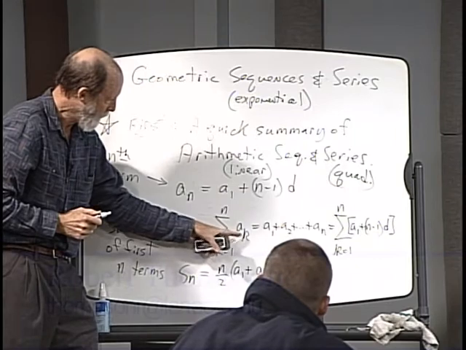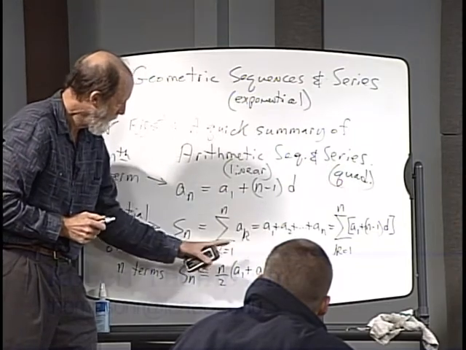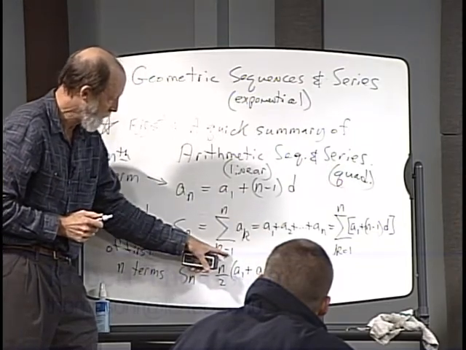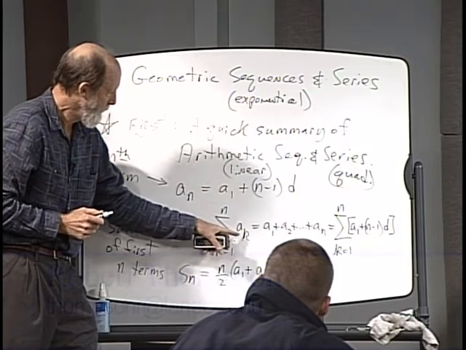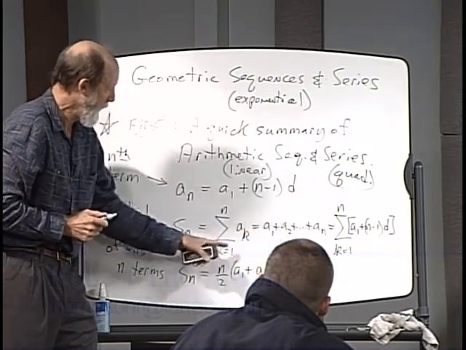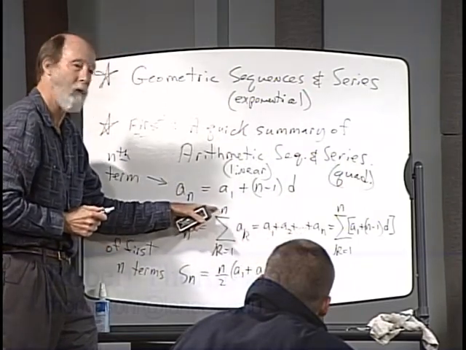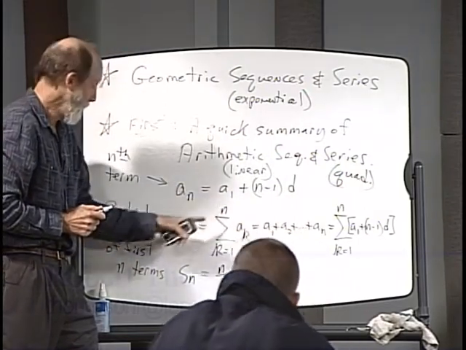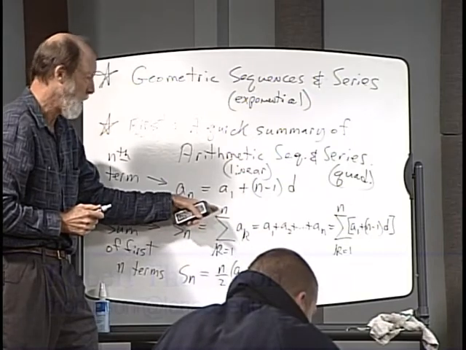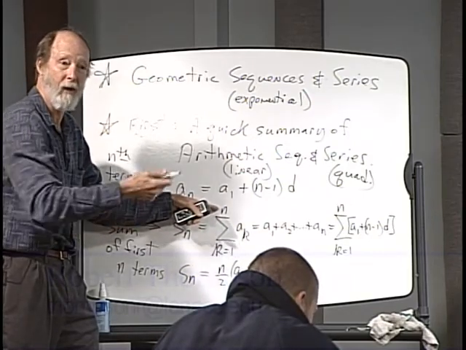So we have the first term a sub 1, and we add to it. Then the counter changes to 2, a sub 2, a sub 3, a sub 4, a sub 5, until you get to the last term of your partial sum, whatever n happens to be. It might be 10 or 12.